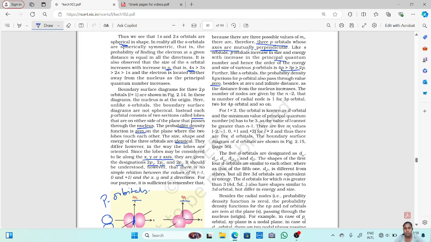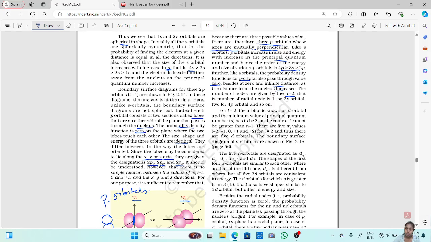As the distance from the nucleus keeps on increasing, there is a point where you attain 0, at infinite distance.